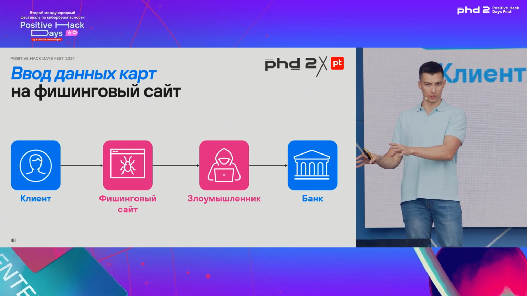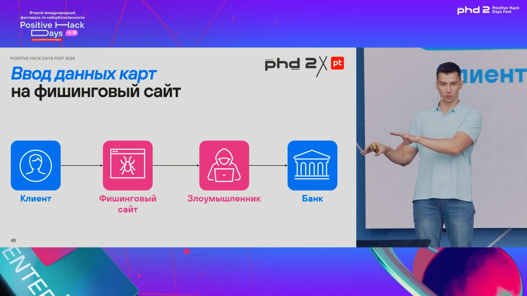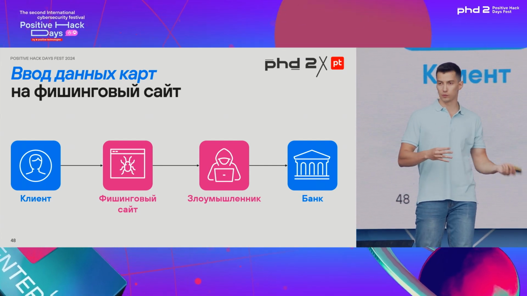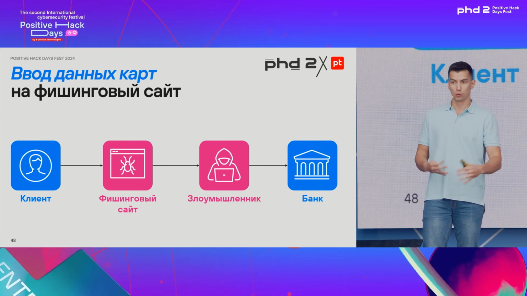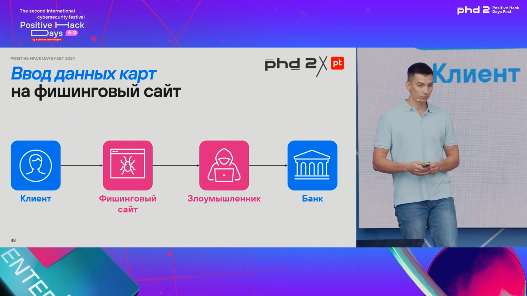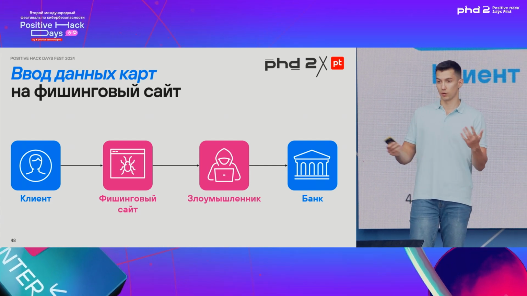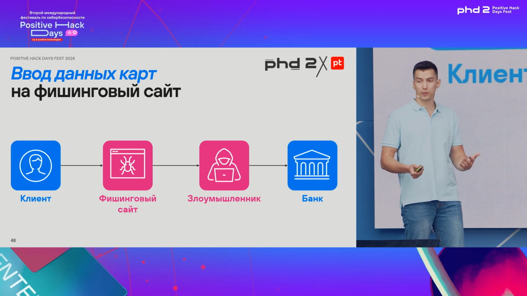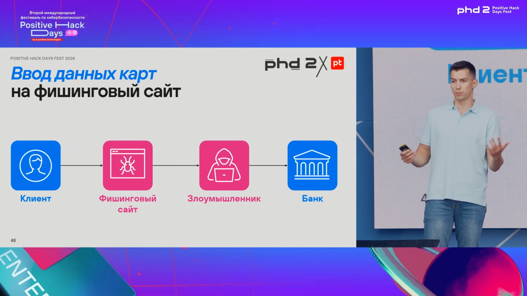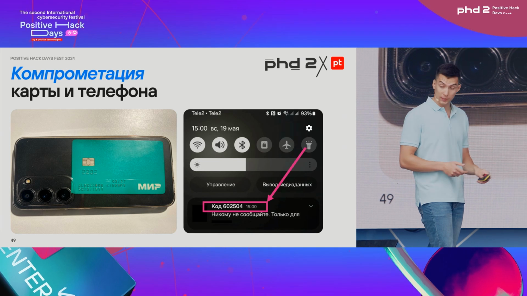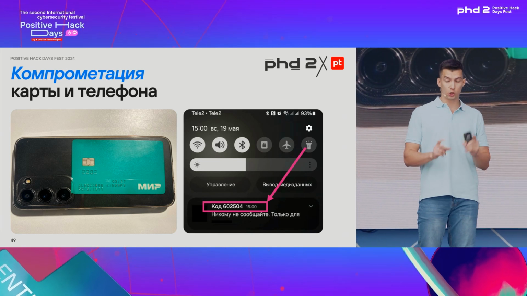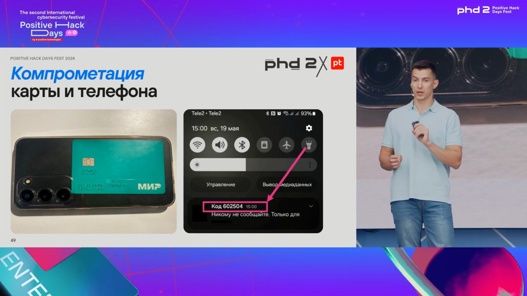See, you have some kind of phishing website where you put in all the data, your card, CVC code, and then the perpetrators capture it, they fake your inquiry, and instead of, I don't know, buying some groceries, you are buying something else for $1,000, compromising your phone and your card.